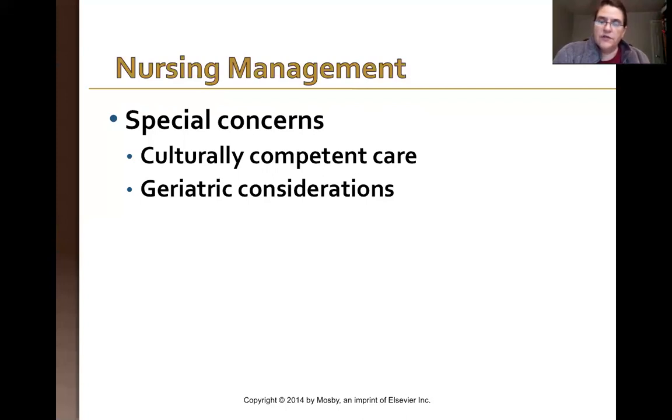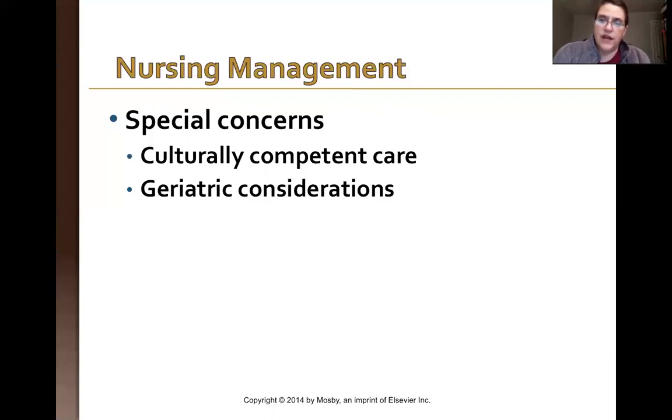In situations where you have a married couple where the husband does all of the speaking or the wife does all of the speaking, but yet it's the other one that is the patient, you may have to include both of them and make sure the patient actually hears what's being said and sees what's being said and responds.